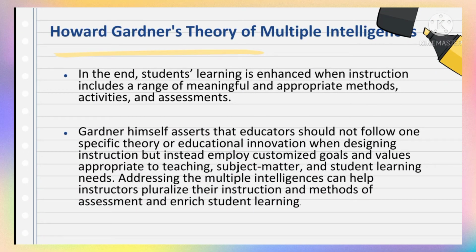In the end, students' learning is enhanced when instruction includes a range of meaningful and appropriate methods, activities, and assessments. Gardner himself asserts that educators should not follow one specific theory or educational innovation when designing instruction, but instead employ customized goals and values appropriate to teaching, subject matter, and student learning needs.